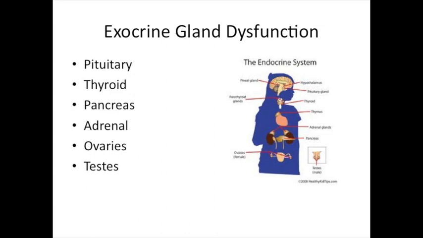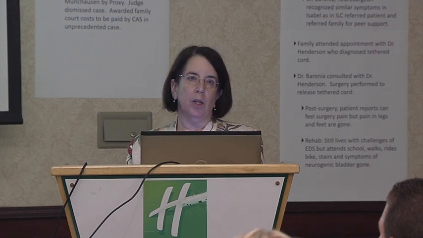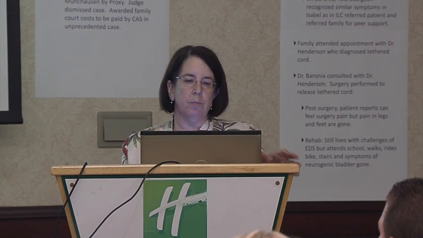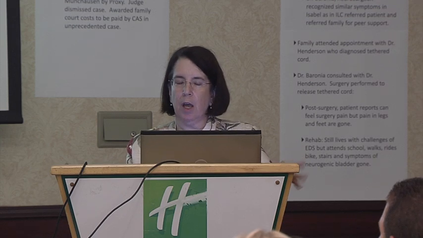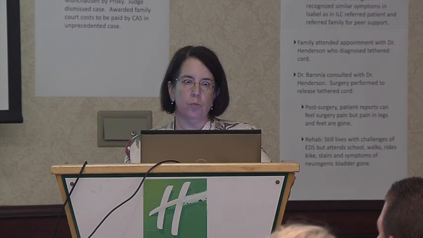And I think one of the main contributing factors, a unifying feature, may be the increased intracranial pressure, because if the pituitary is experiencing increased intracranial pressure and that very sensitive blood supply to the pituitary may be interrupted, that could result in a panoply of endocrine features. But this has not been well documented. The frequency of these various complaints in people with classical and hypermobile EDS is not well documented, so there's a lot of work that needs to be done in this particular area.